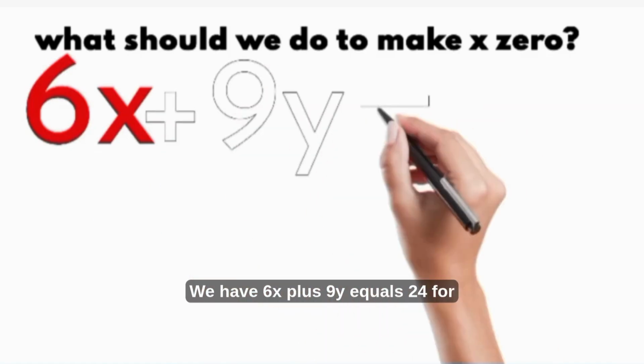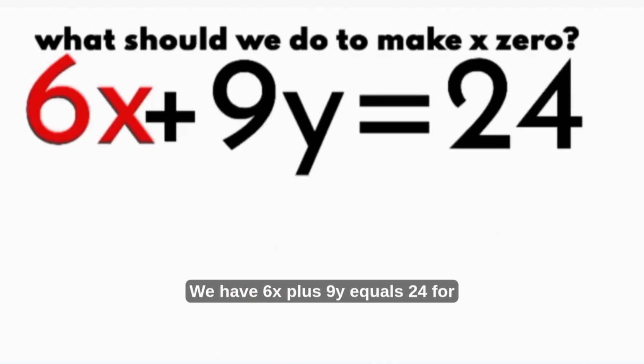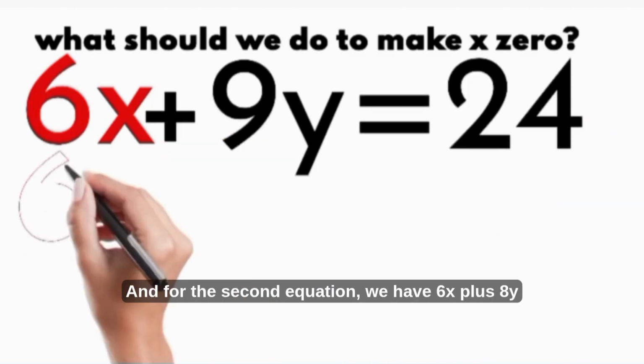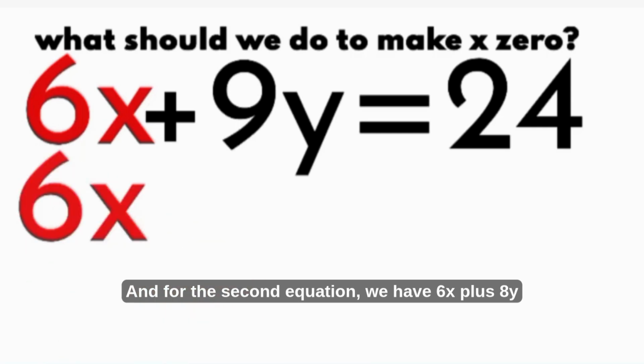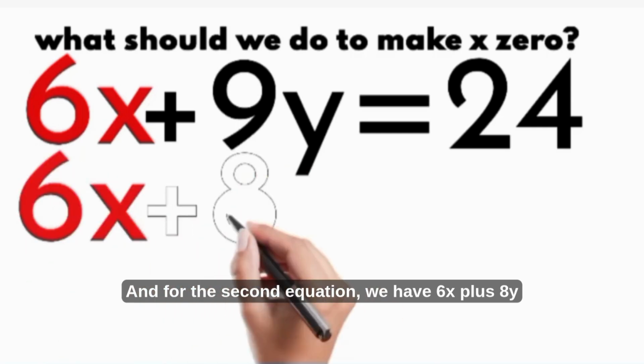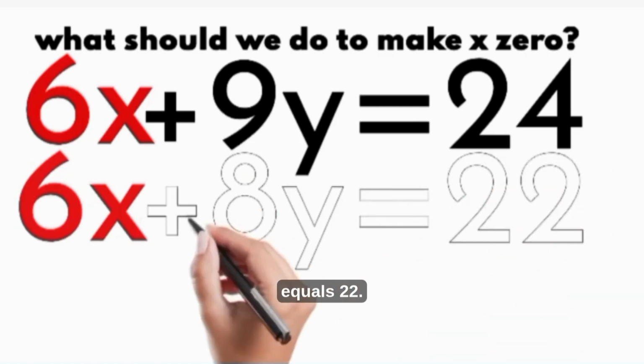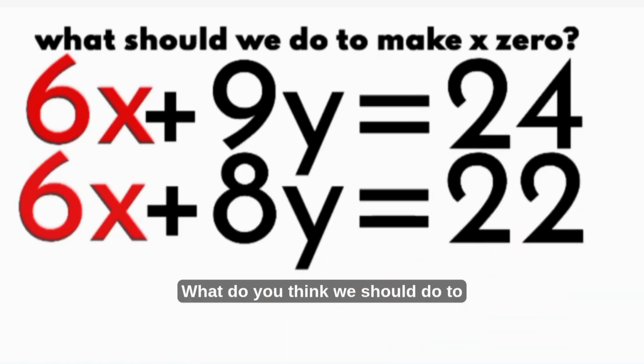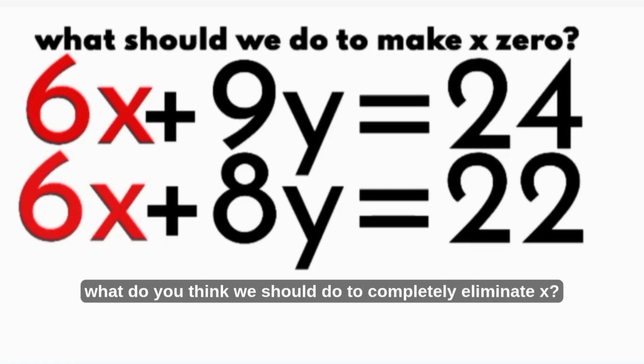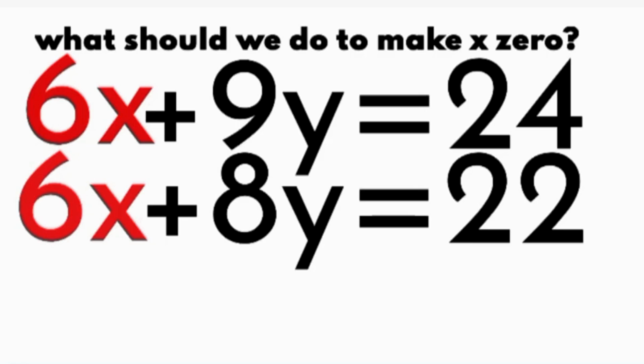We have 6x plus 9y equals 24 for the first equation, and for the second equation we have 6x plus 8y equals 22. What do you think we should do to make x 0? Or in other words, what do you think we should do to completely eliminate x? Think and tell me.